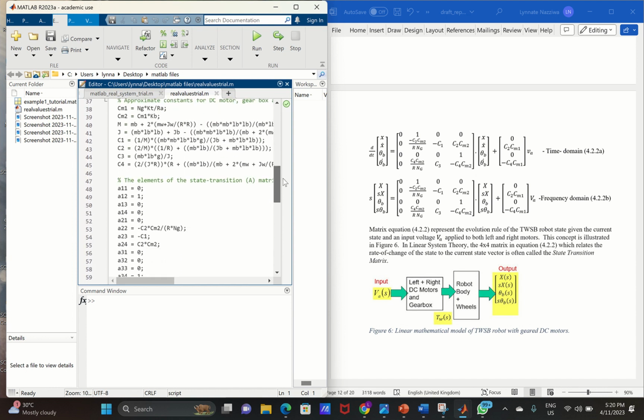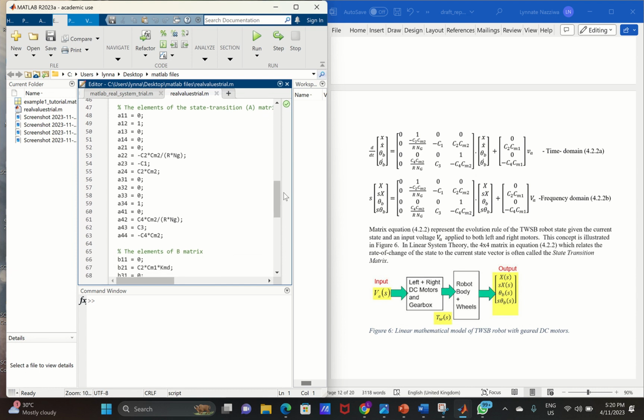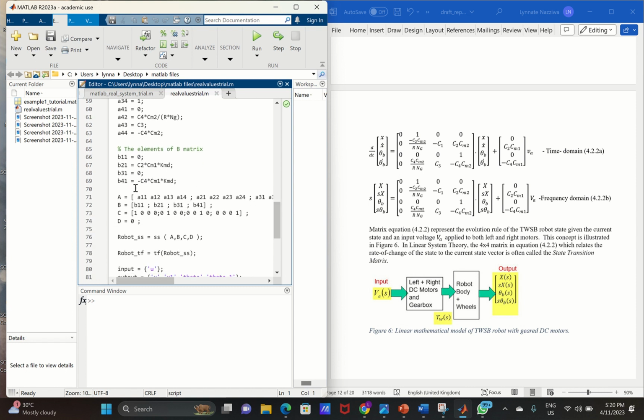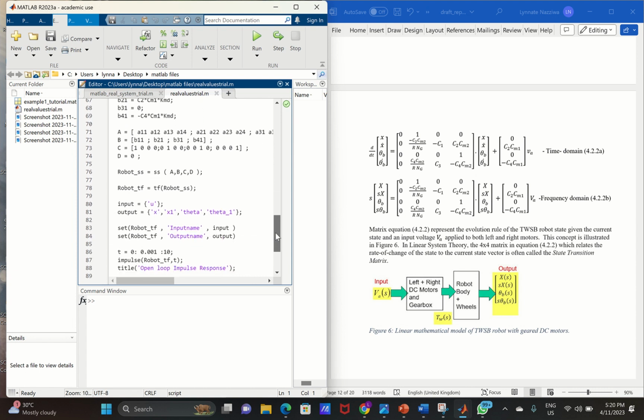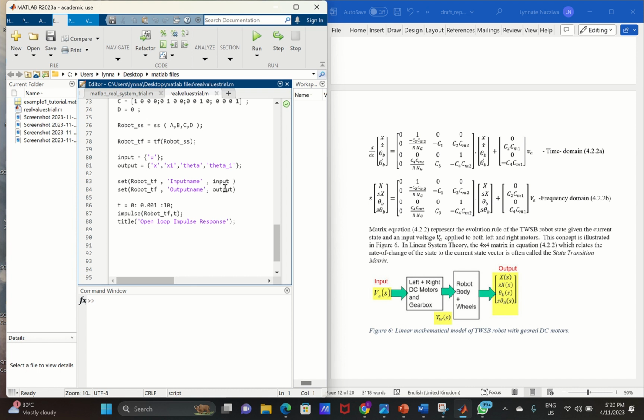After writing down all our constants from these two equations, we are able to write our matrices in MATLAB, which come in the format A, B, C, and D as listed below. We also call the transfer function of the state space, and finally we plot.